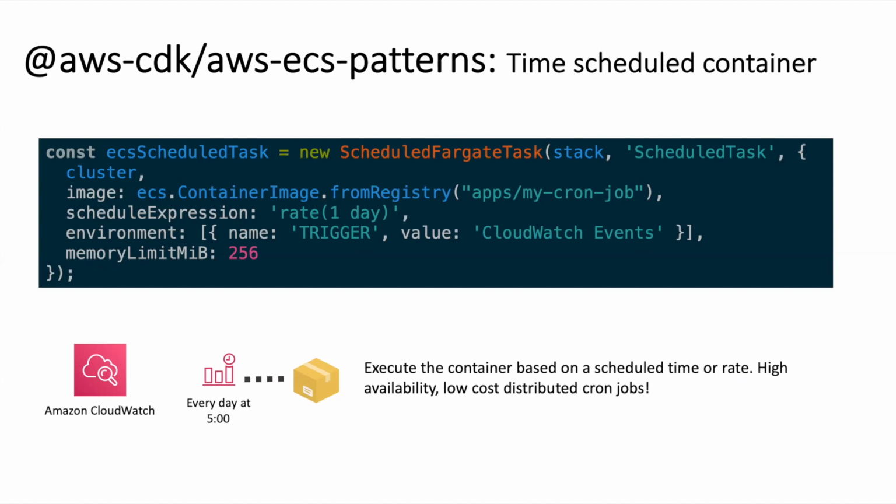And the reason why this is super highly available and reliable is that Fargate is distributed across lots of different availability zones. And so even if one availability zone was down, there would still be capacity in another availability zone to run my container. So I know that my container is going to run somewhere every day at 5 o'clock. I don't necessarily care what machine it runs on. It's going to run on Fargate somewhere.